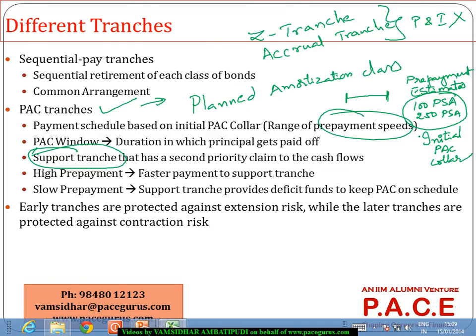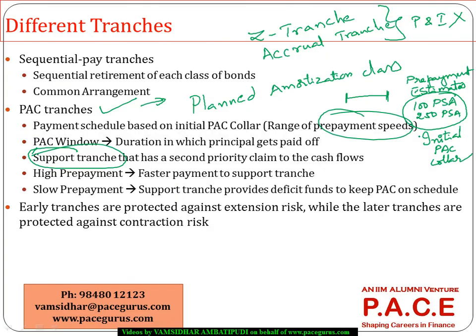So risk-wise, the pack tranche and the support tranche have an inverse relationship. More and more risk protection to a pack tranche means a high level of risk is taken by the support tranche.